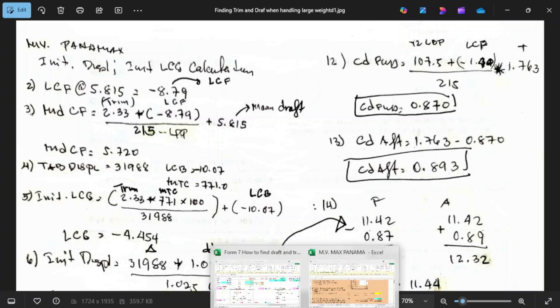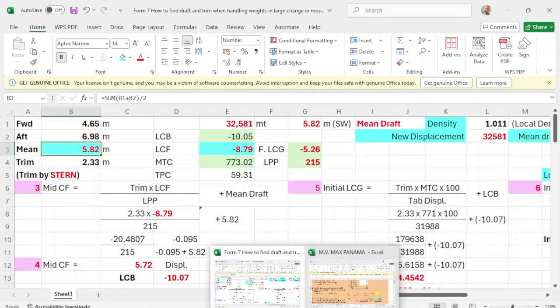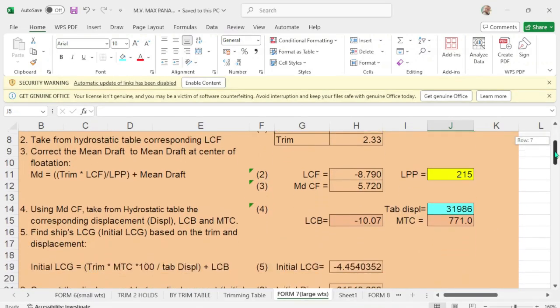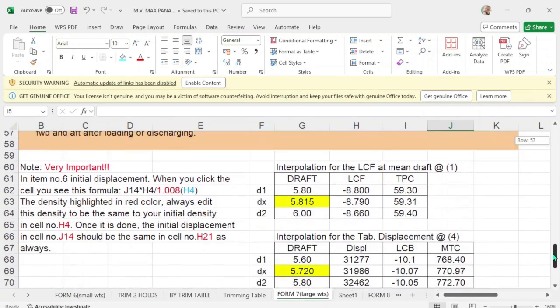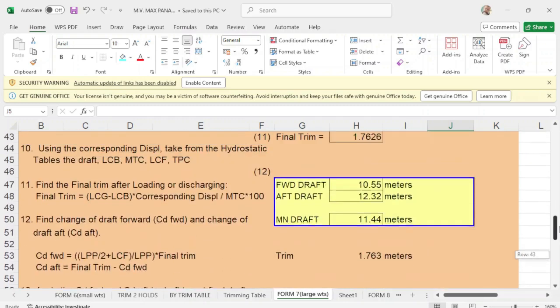So let's check, guys. What is the displacement of 5.72? Check the hydrostatic table. 5.72, let's go down. The displacement is 31986. How much do you have here?